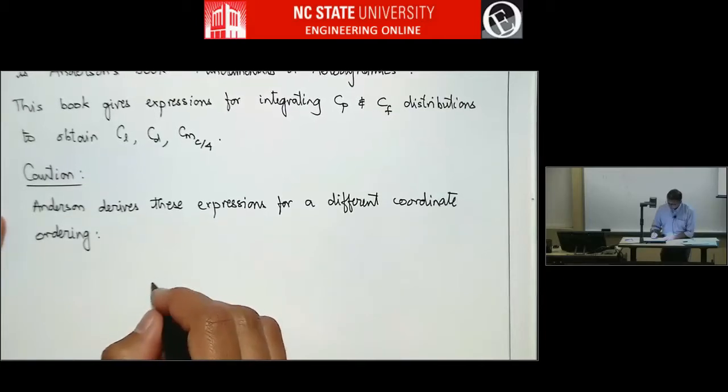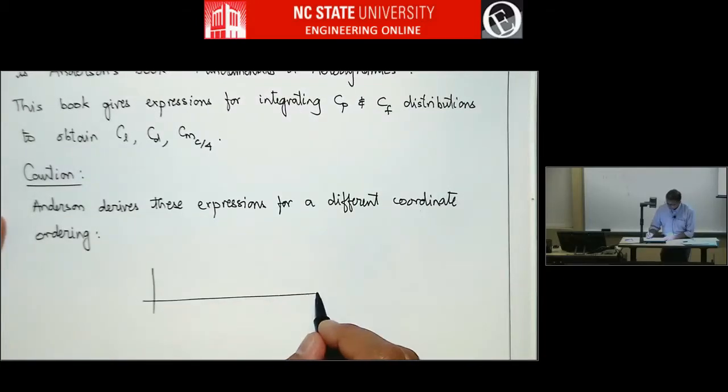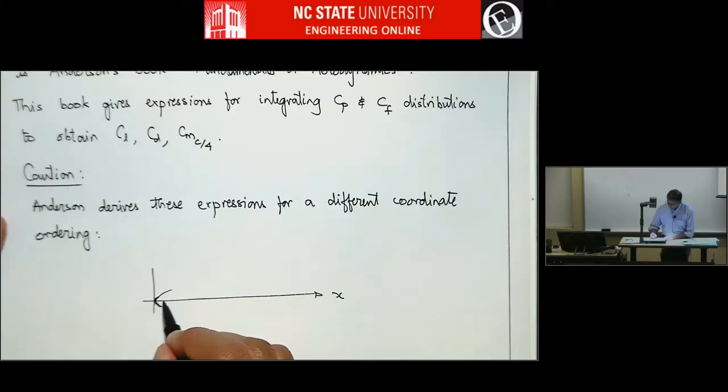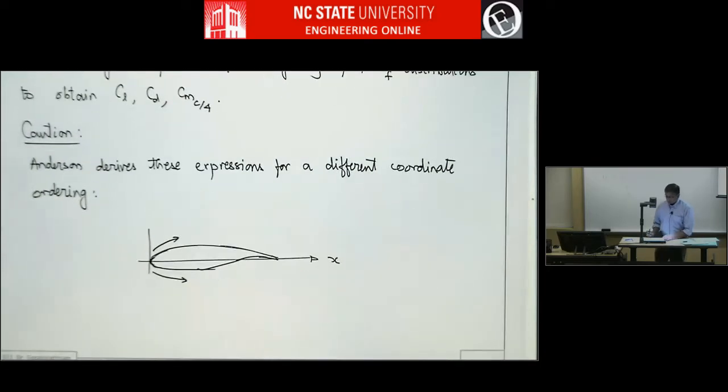In Anderson's book, the equations are derived for airfoils that are usually in the NACA format, where you have a list of coordinates for the upper surface from leading edge to trailing edge, and another list for the lower surface from leading edge to trailing edge.